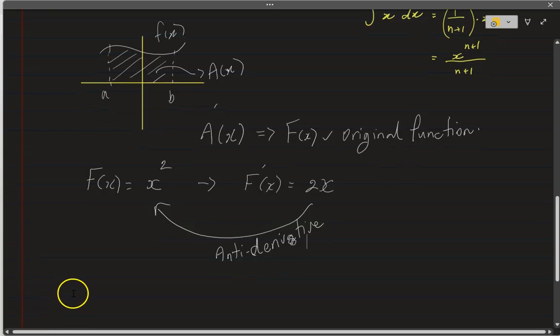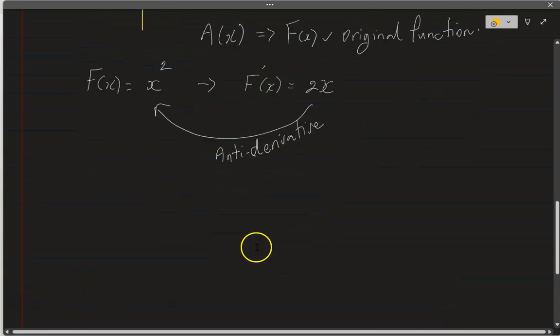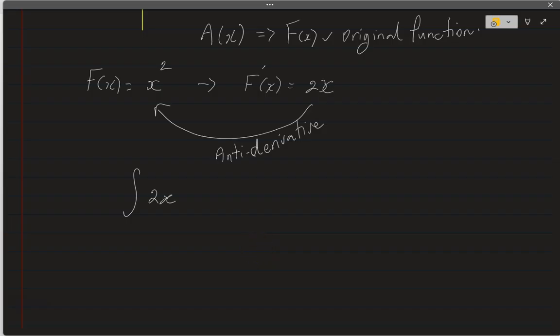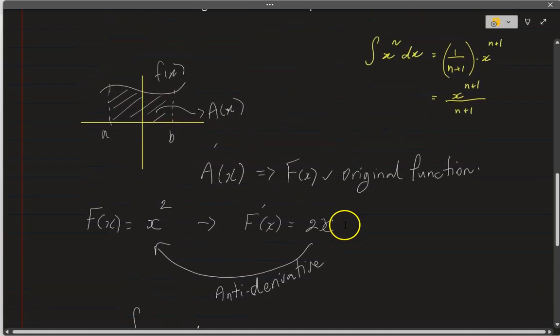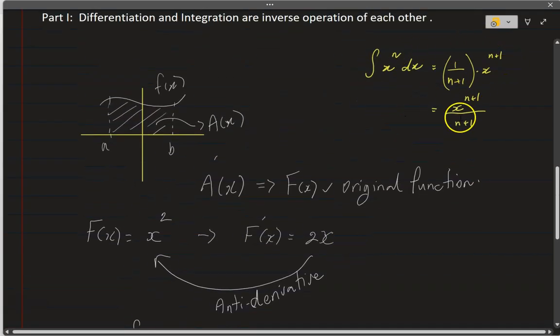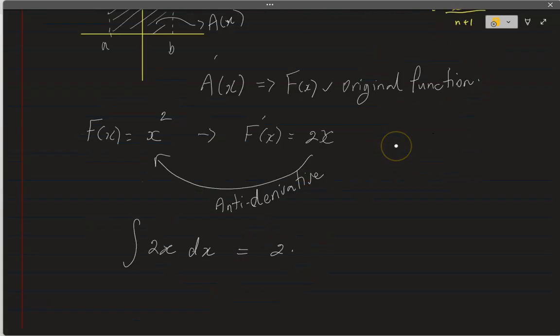To do that, we say the antiderivative of 2x dx is equal to, and when you do the math based on the antiderivative formula that we came up with a few lessons ago, 2 times x squared divided by 2, which is equal to x squared.